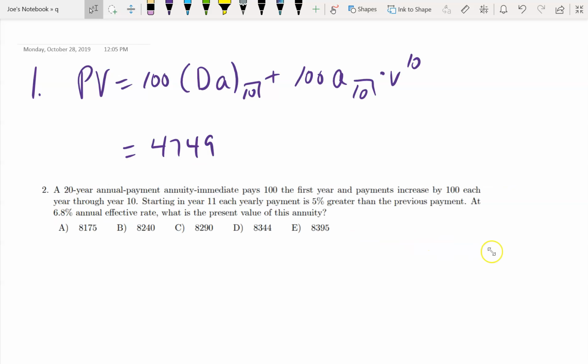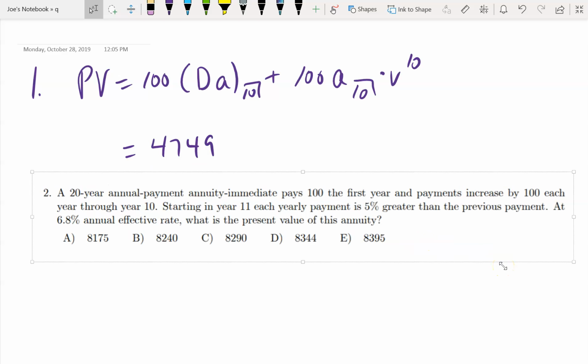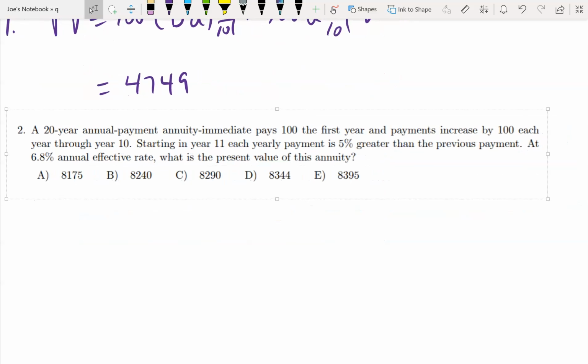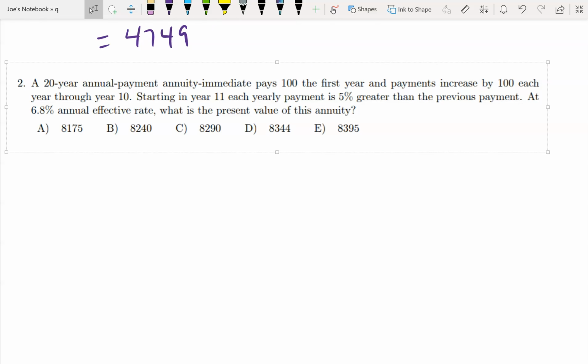There we go. Here's problem 2. So the second problem, another 20-year annuity. The first part is an arithmetically increasing annuity, and then the second part is a geometric increasing annuity, right? Okay.